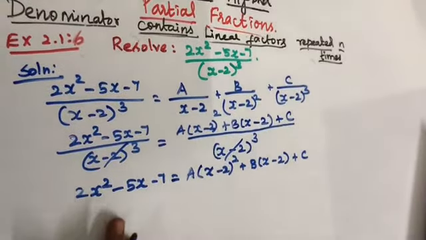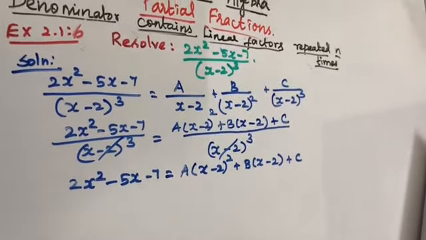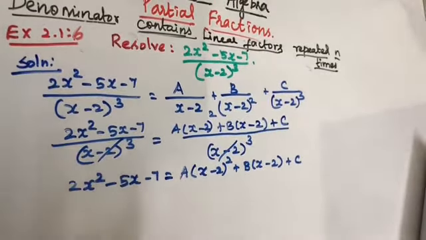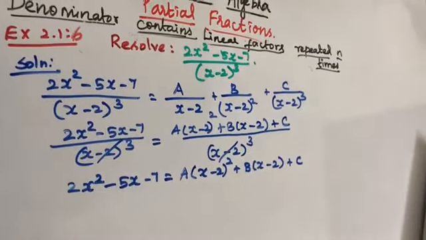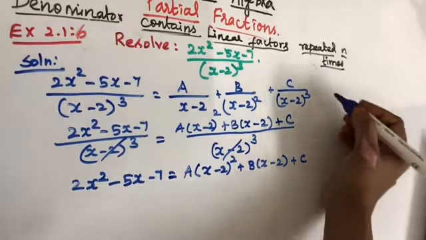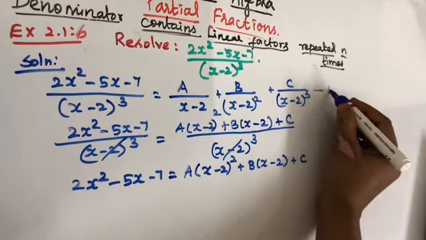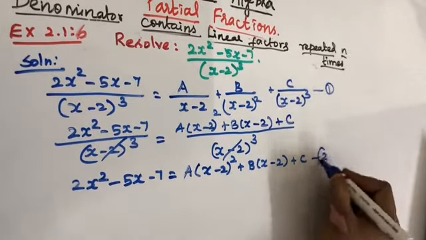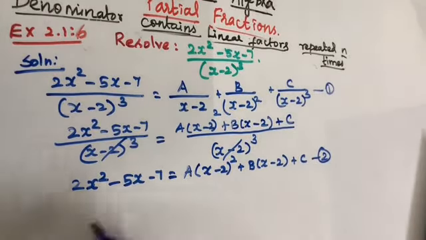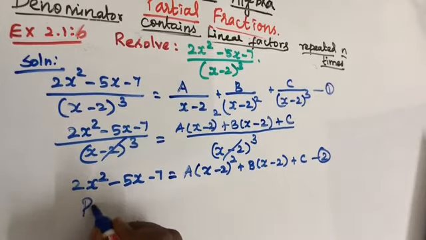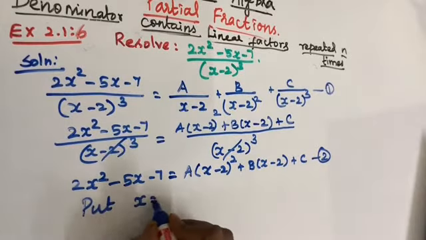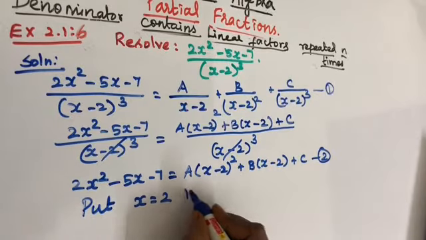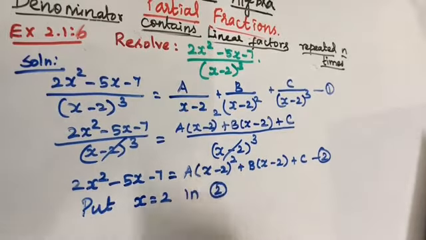Okay. So now we have to substitute some value for x so that we can find any of these constant values, and here it is our equation 1 and it is our equation 2. Here I put x is equal to 2 in equation 2.